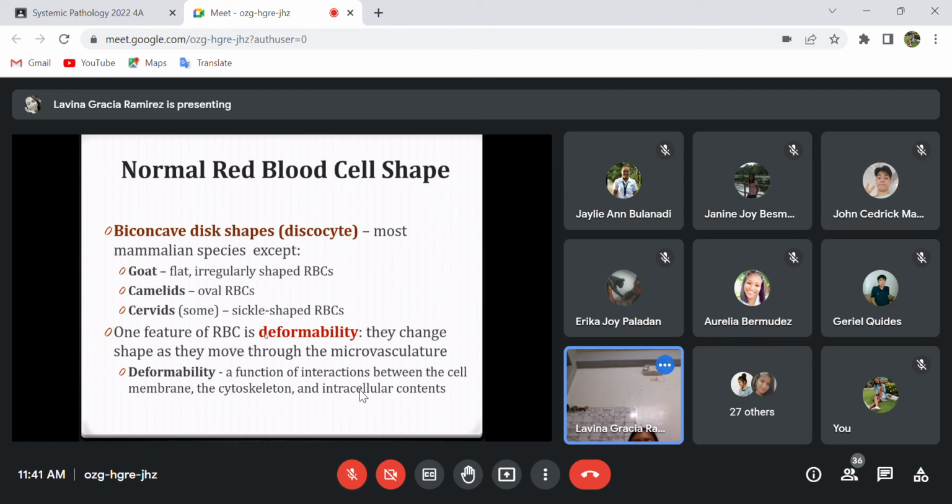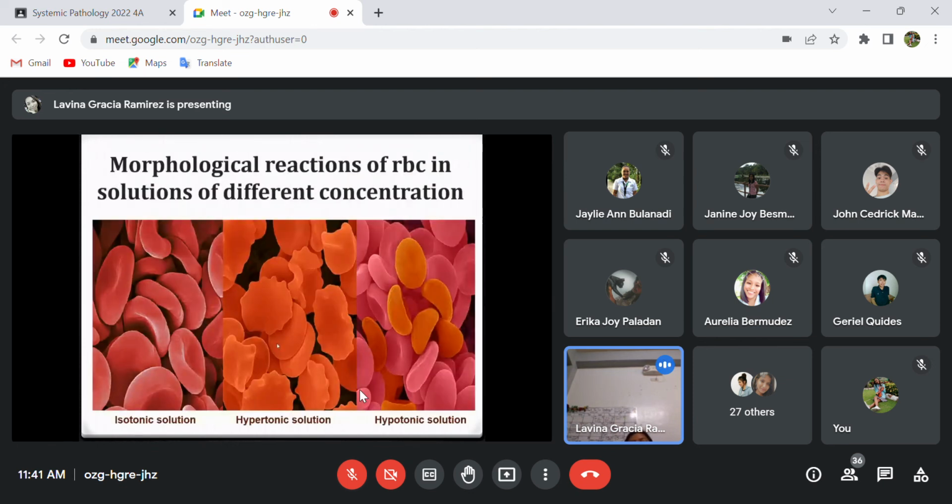Okay. Now, I have mentioned about this one, the reaction of RBC to different fluid. So, please remember na in your clinical years, if you are told to give fluids or yung sinasabi nating fluid therapy, you need first to seek for advice or please know first the status of the animal, the dehydration or the hydration status of the animal.